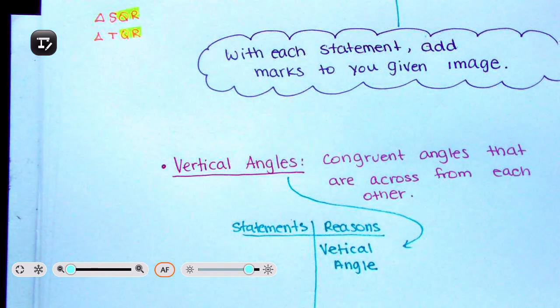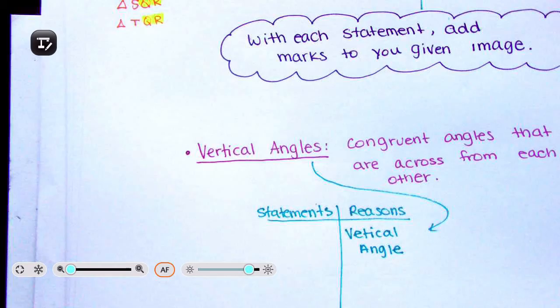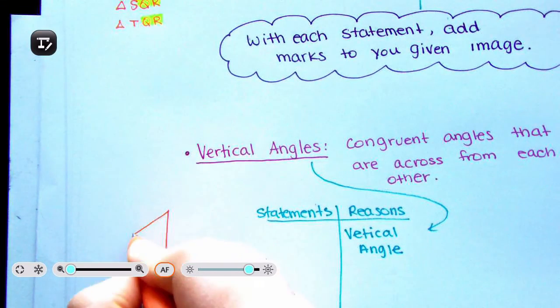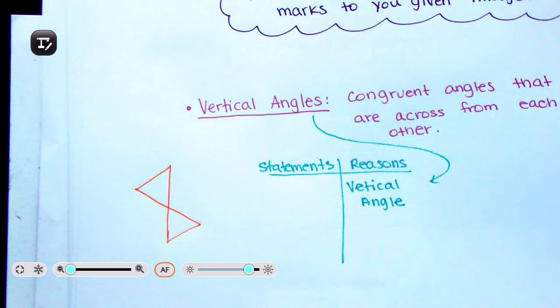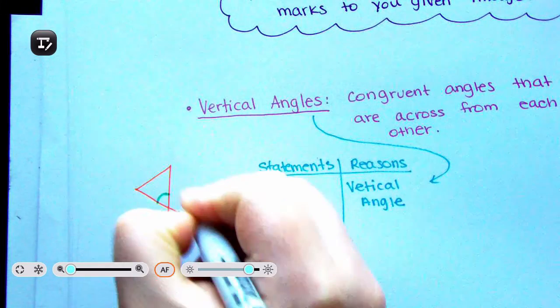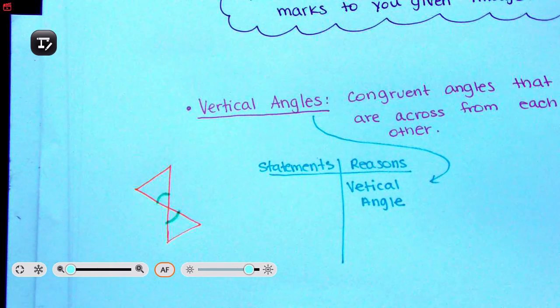What do you know? Here are your two triangles. Angles that are across from each other are congruent.